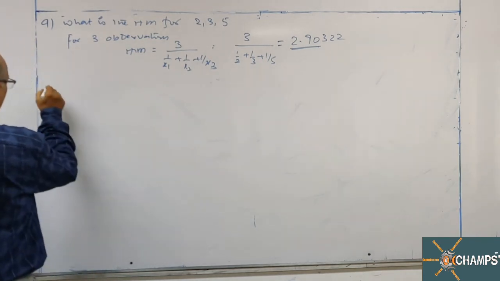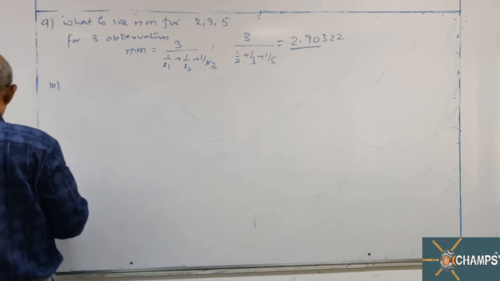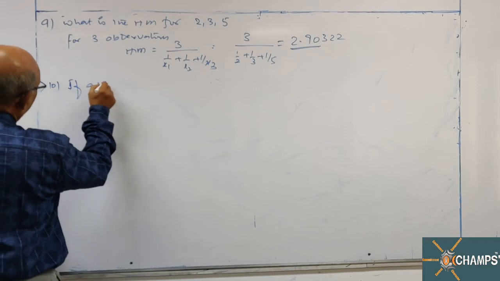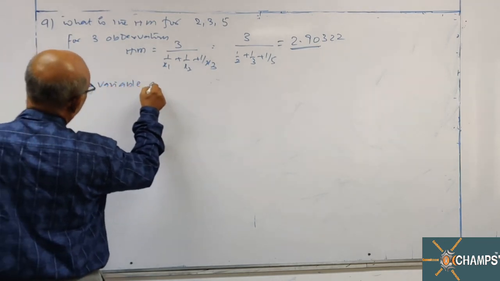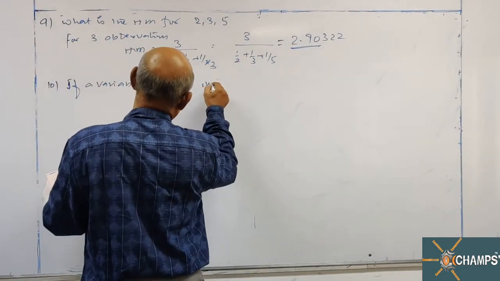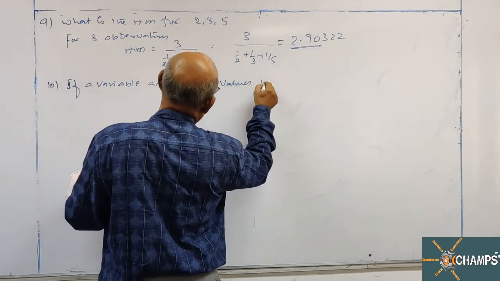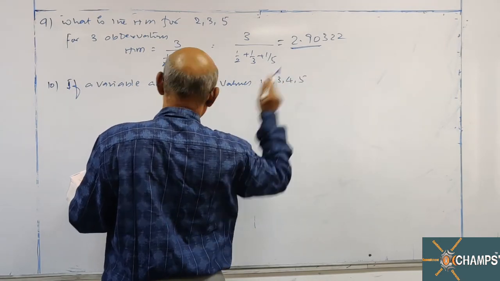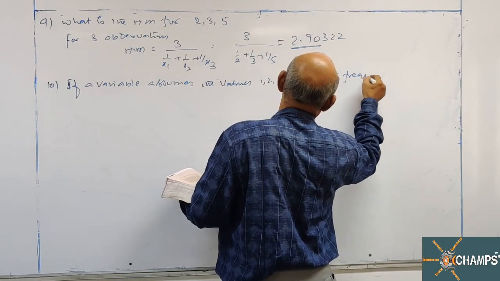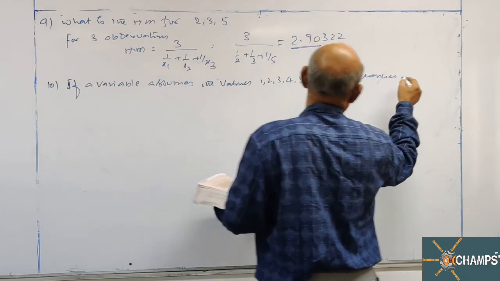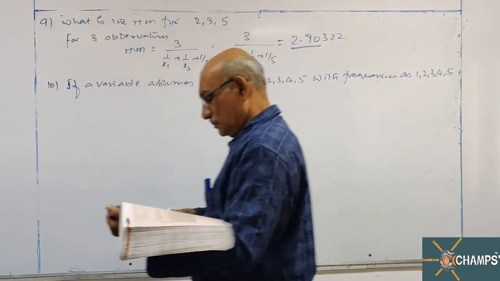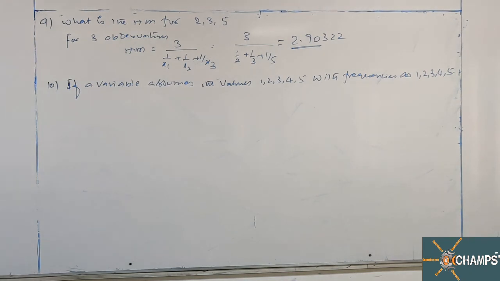Next, if a variable assumes the values 1, 2, 3, 4, 5 with the frequencies as 1, 2, 3, 4, 5, what is the arithmetic mean?